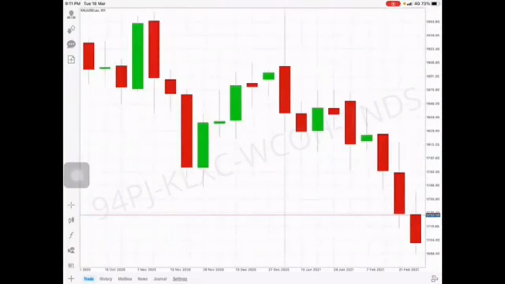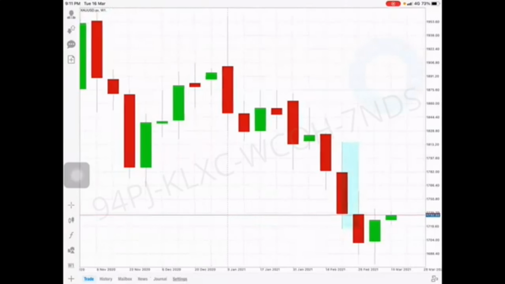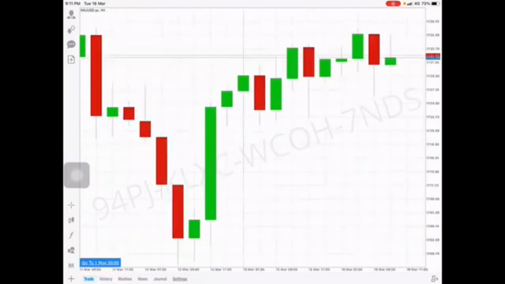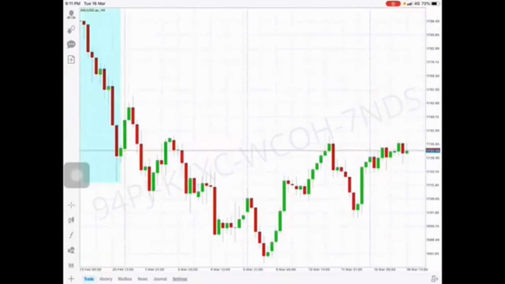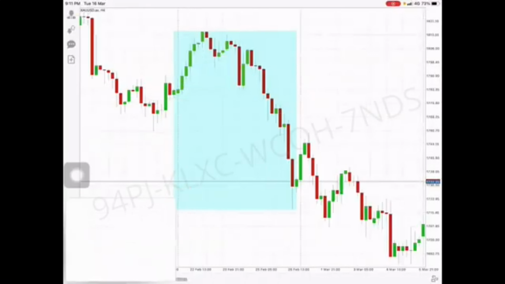So this is how it's going to look like in a line chart. Now it might be a little bit confusing, but I'm going to show it to you in the chart.